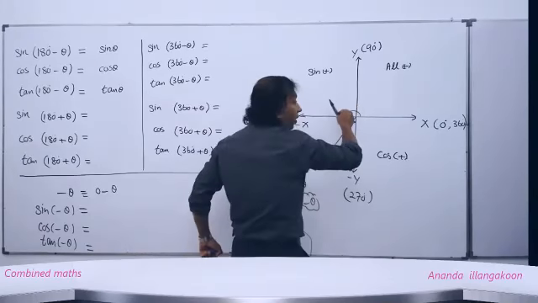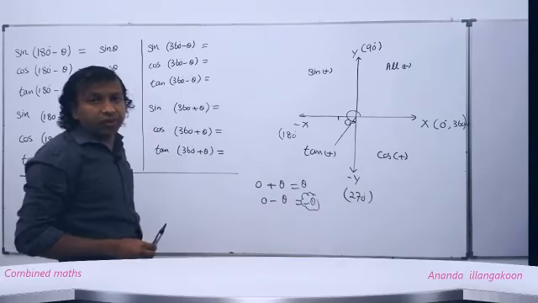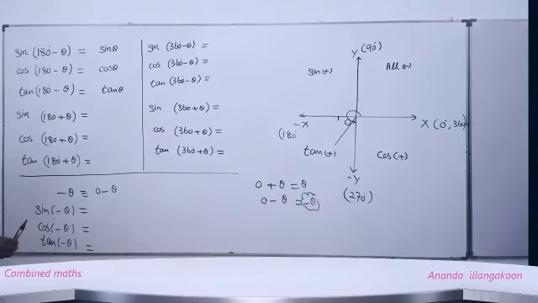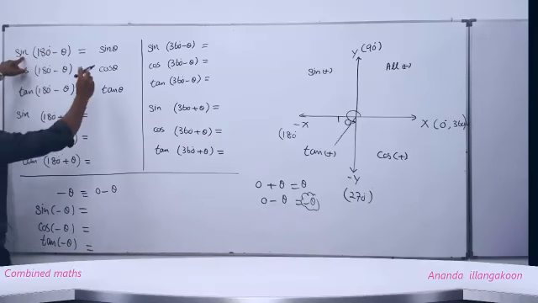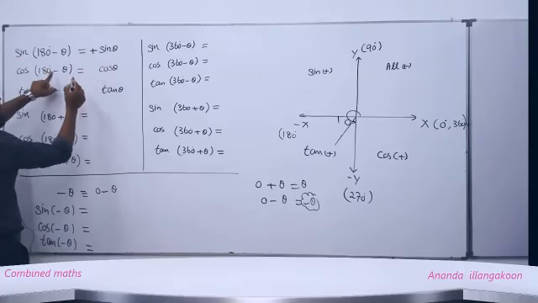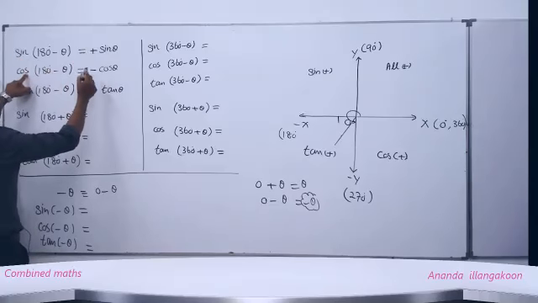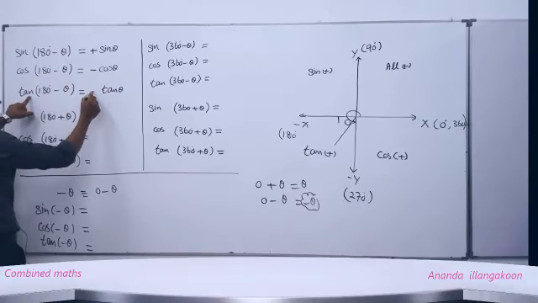This angle is in the second quadrant. OP is in the second quadrant. Yeah, in the second quadrant only the sine ratio is positive. Second quadrant sine positive, second quadrant cos negative, second quadrant tan negative.